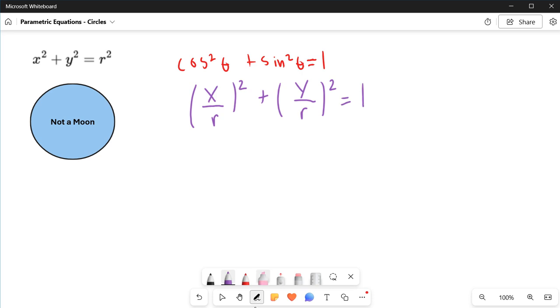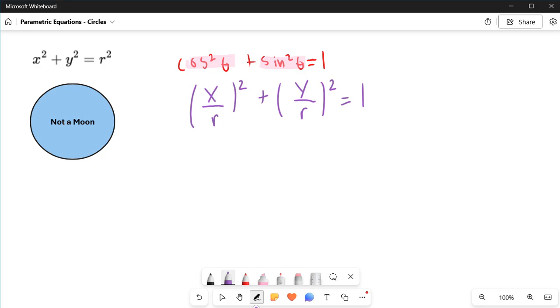But looking at this, see how the fundamental identity says that cosine theta is squared and sine theta is also squared. So traditionally, the definition of cosine of theta is equal to x over r.